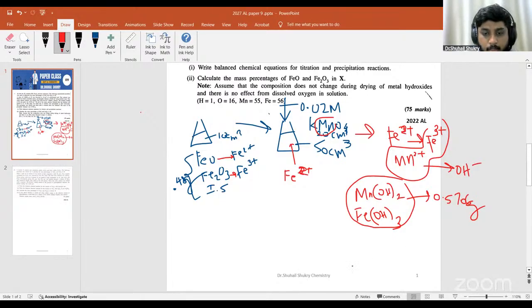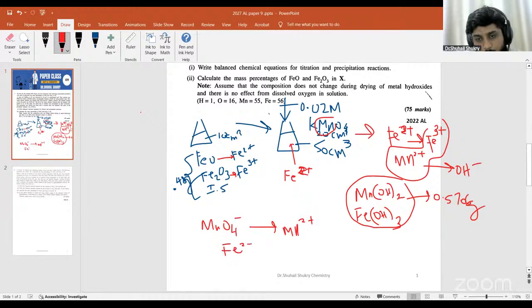Then you can write the first reaction, which will be the reaction between MnO4 minus and Fe2 plus. This MnO4 minus will go to Mn2 plus, while Fe2 plus will go to Fe3 plus. This oxidation will happen from this. So you have to balance this.